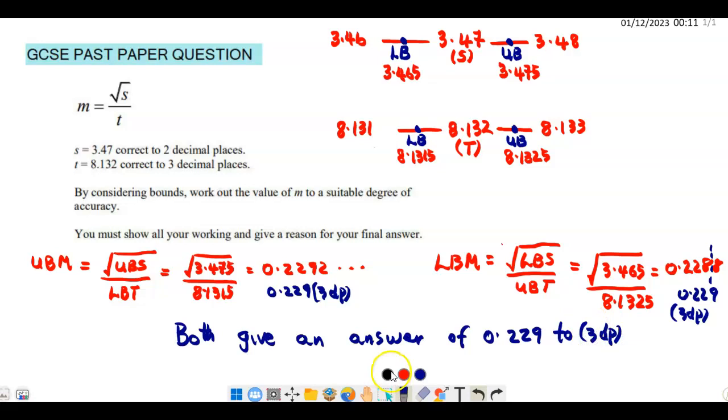So it means that m, therefore m equals 0.229. That would be your answer, okay?